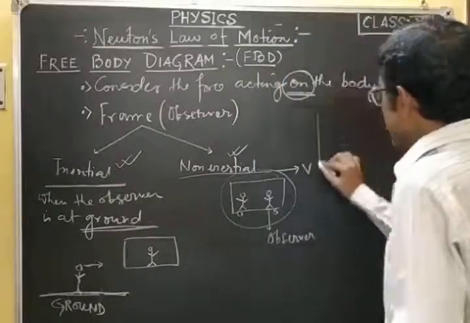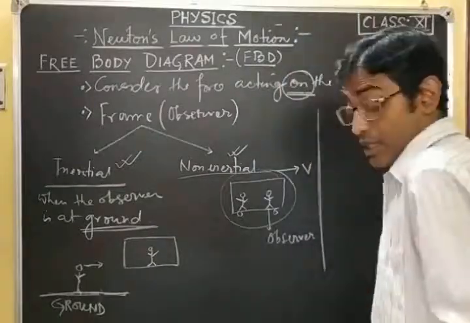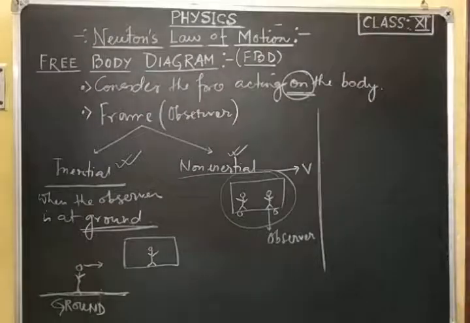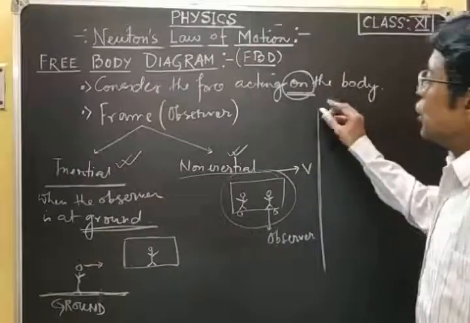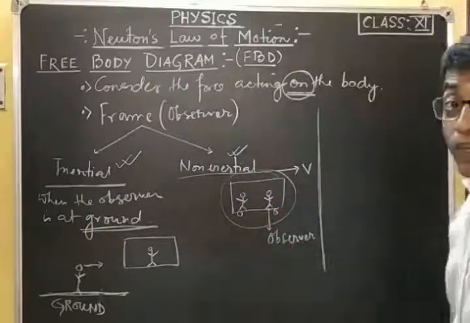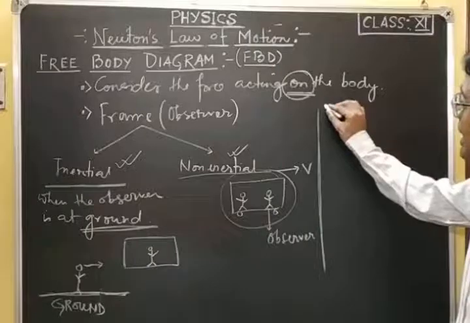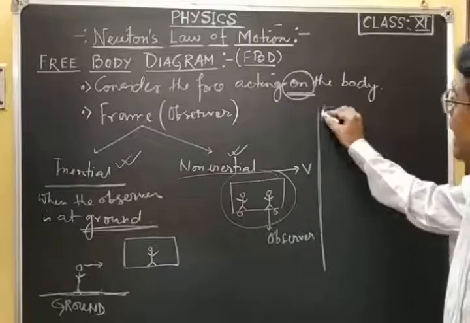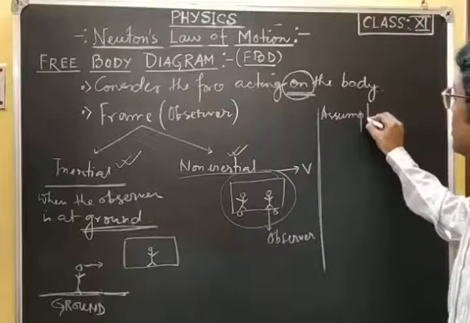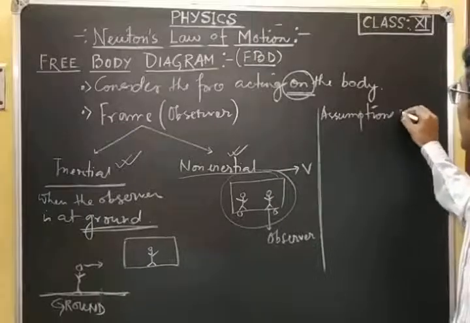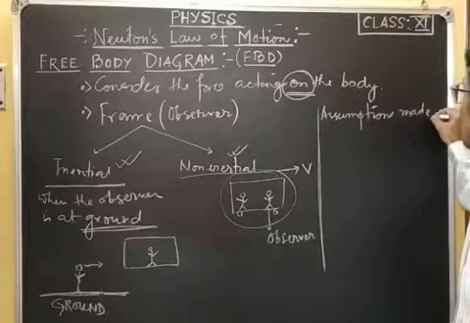And one more thing I'd like to tell you, that they have frequently been asking for the last 2-3 years, that is, the assumptions made. So in a free body diagram, the assumptions made are 1 mark questions in the exam hall.